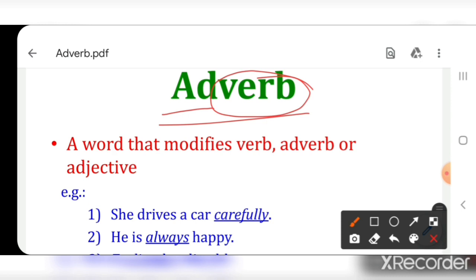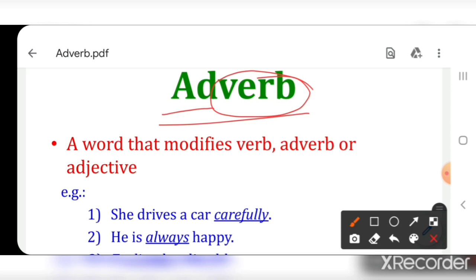Clear? Now, what does it add? It adds when that action takes place, how that action takes place, how often that action takes place, why, and where. So, it gives all the information about an action.